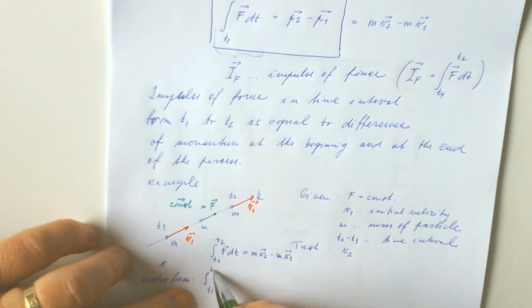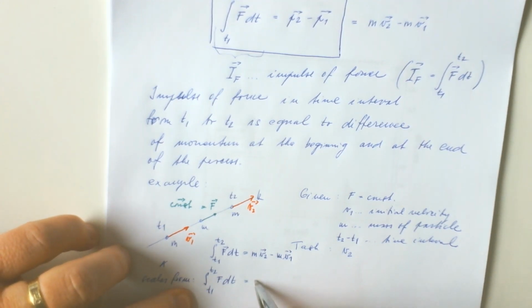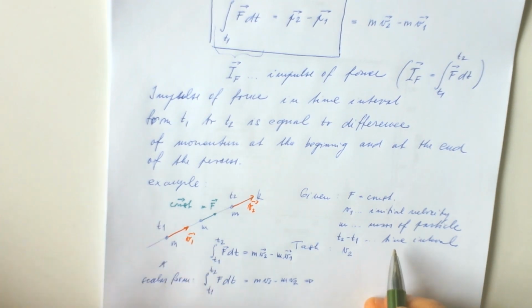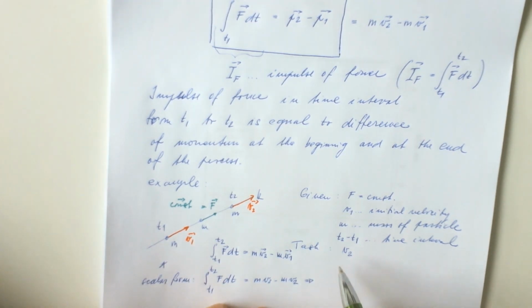From t1 to t2 F dt is equal to m v2 minus m v1, and from that follows that v2 is equal to F over m times t2 minus t1 plus v1.